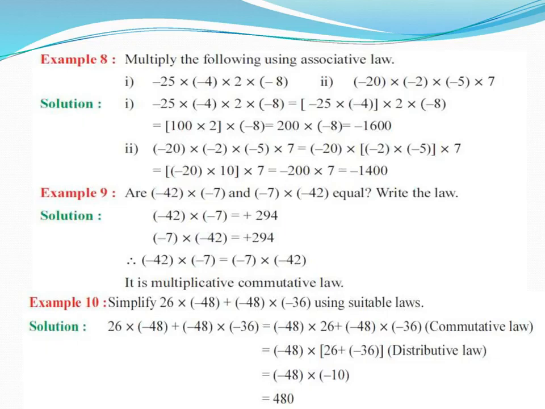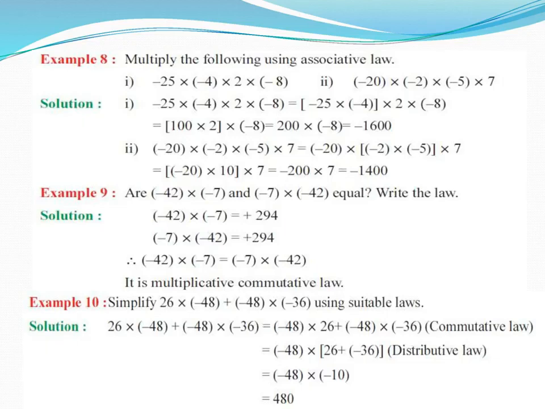First you can take minus 42 into minus 7. Here both have the same signs, so the product is positive. Minus into minus is plus. Then you multiply 42 into 7, which is 294. Then we take the second expression, minus 7 into minus 42.